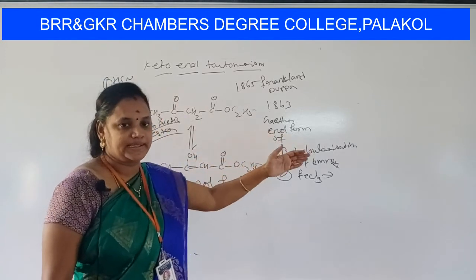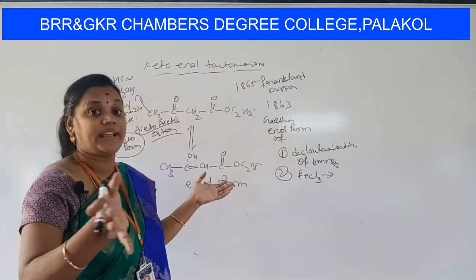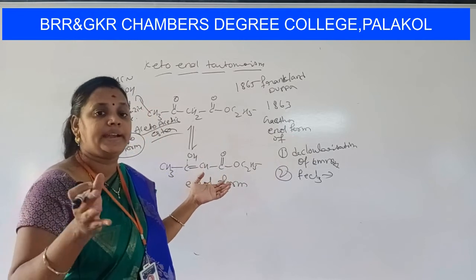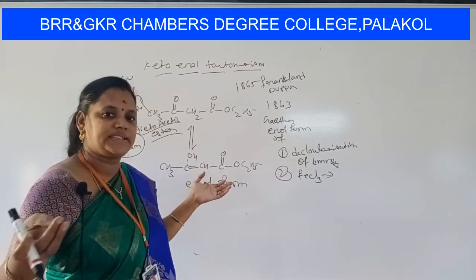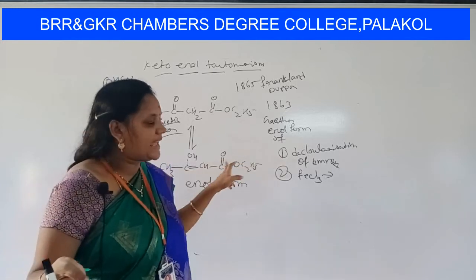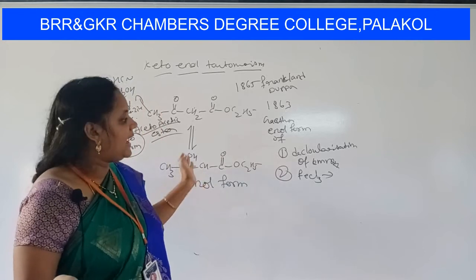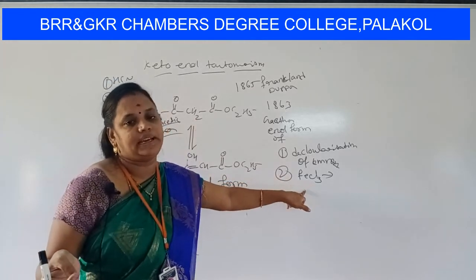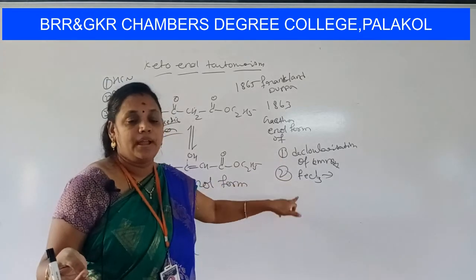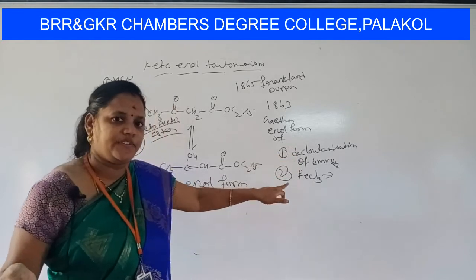One is decolorization of KMnO4. He added KMnO4 to that. So decolorization of KMnO4 says that it is an unsaturated compound. So he had done the test for unsaturation, and he also did the test with FeCl3, where a red precipitate is formed. What is the test of FeCl3?